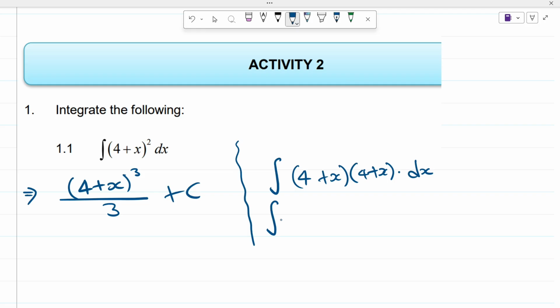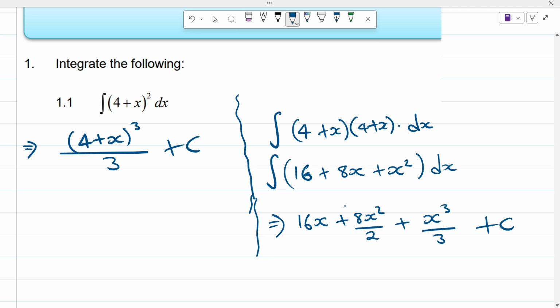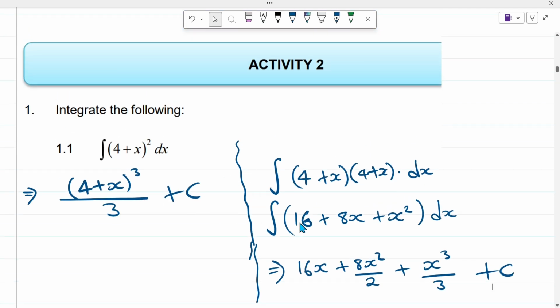Then you multiply out, and you're going to get 4 times 4, that's your 16, plus 8x plus x squared, multiplied by dx. From here, it's simple to integrate. Your answer is just going to be 16x plus 8x squared divided by 2 plus x cubed over 3 plus c. I ended up doing two methods, although I said I wanted to do one.